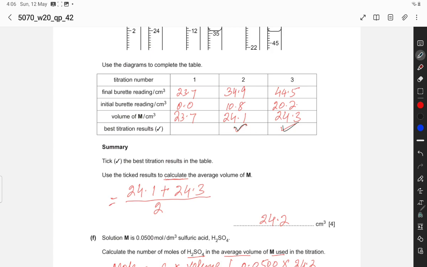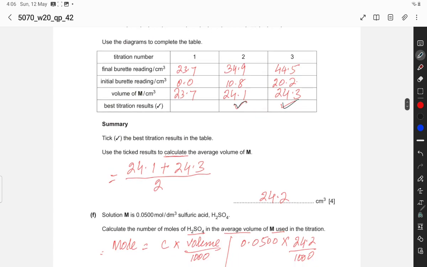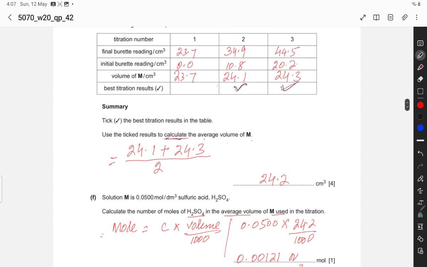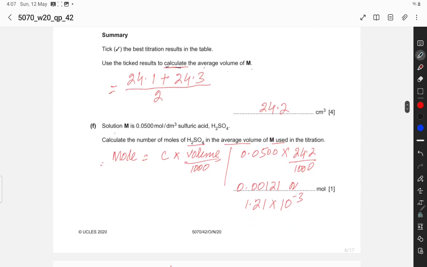So always, if it says calculate the average volume of M, always take the 2 best titres and divide by 2. This is equal to the average volume of M. So he asked you that solution M is 0.050 mole per dm cube sulfuric acid.